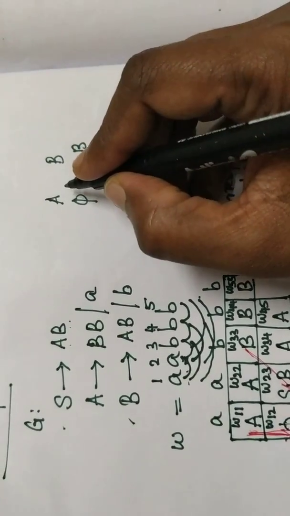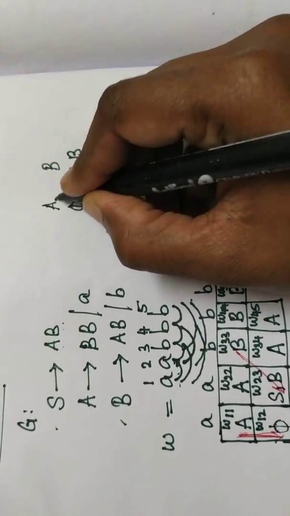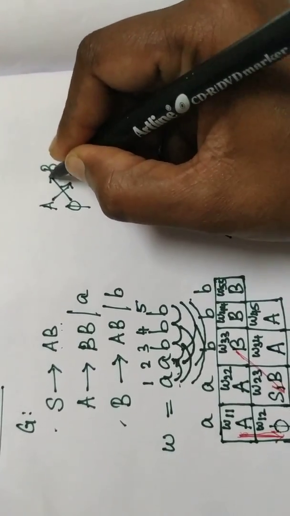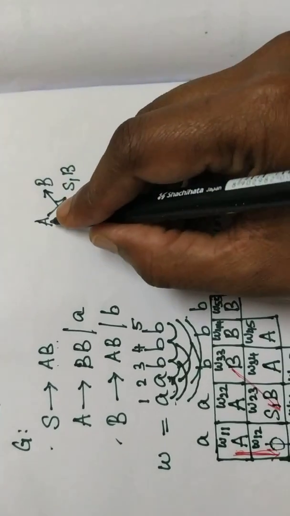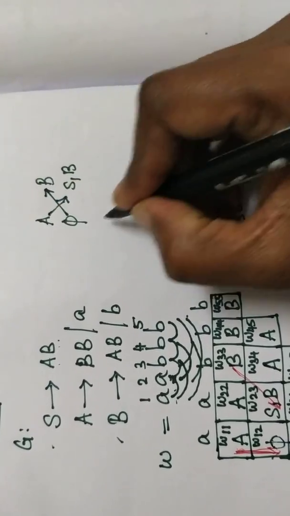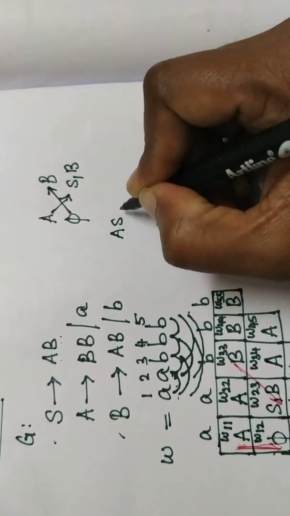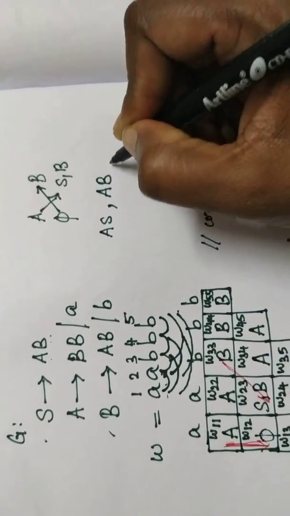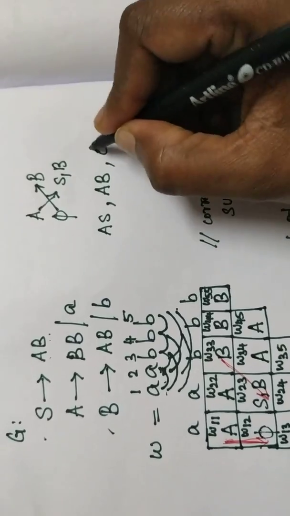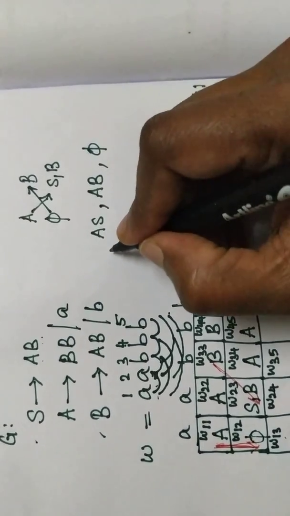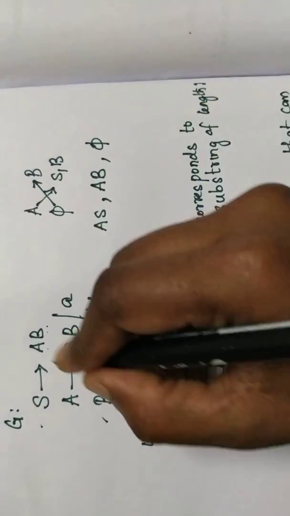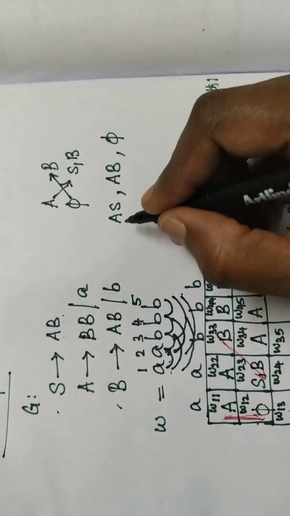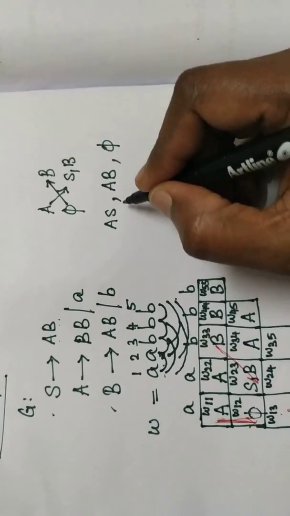So from this we are going to combine left to right and find out a set of variables. When A is combined with S, we get AS, and when A and B, then 5 combined gives 5 only. Now from this we check in the grammar whether any of these is derived by the variables.